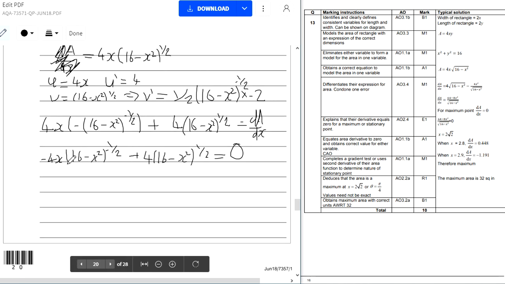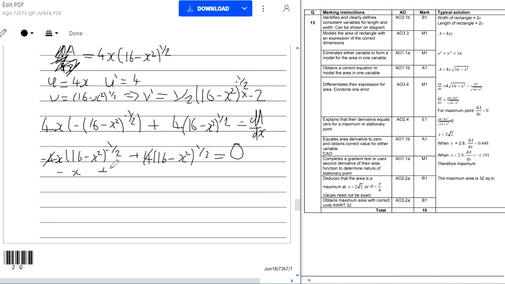There are a few things we can cancel here. First of all, the 4s, so straight away divide by 4. And then we can cancel one of these. I don't really like working with the minuses, so I'm going to divide by (16 minus x squared) to the minus a half.